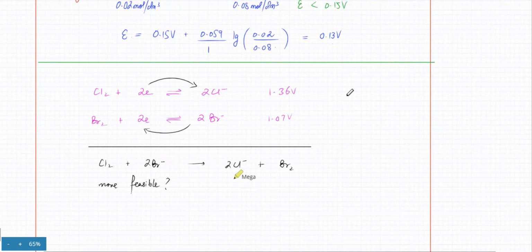Now, the way you can make this more feasible is that if you increase the potential difference, which means the higher potential needs to be even higher. So it would gain electrons even more, and the lower potential should be even lower. So that's how you could make it more feasible. Increase E naught cell somehow.